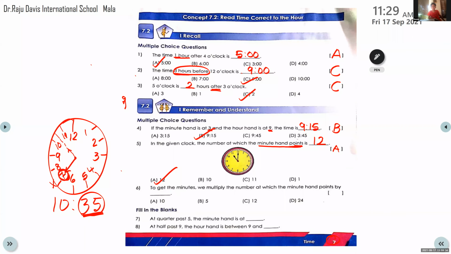Good. 5 into 7 is 35. So to get the minutes, we multiply the number at which the minute hand points by 5. Which is the correct option?